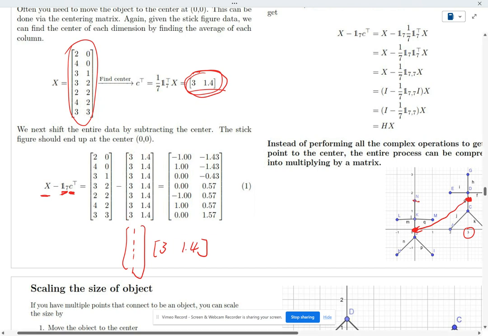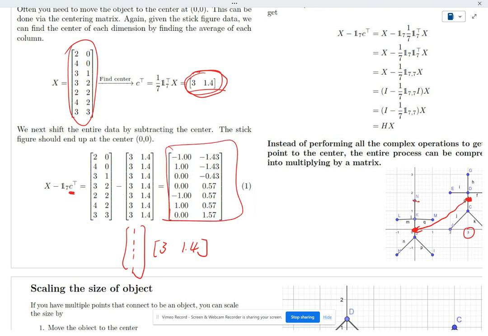We like having multiple copies. That means we're performing the same operation on every single point, because we don't want to just move the head or the feet. We want to move the whole thing equally. And then the result will look something like this, and that should match this stick figure.